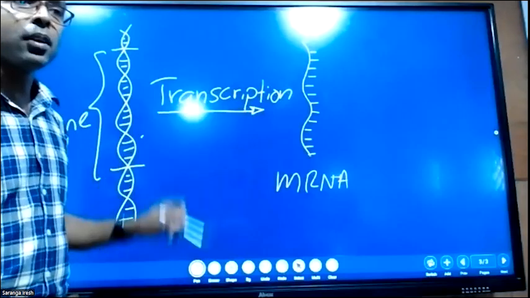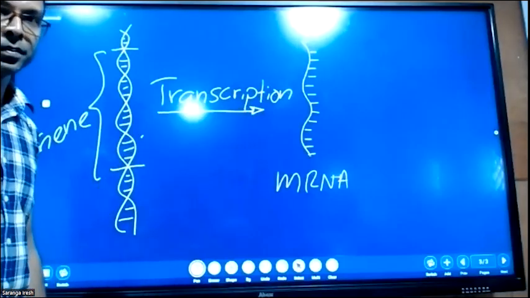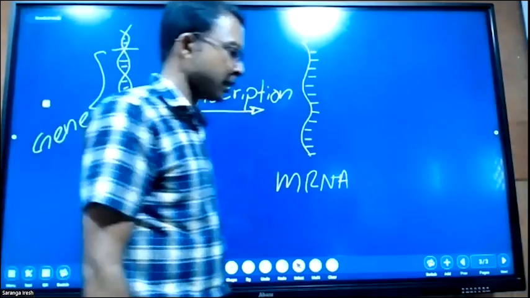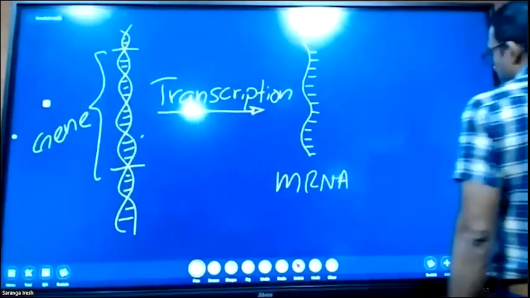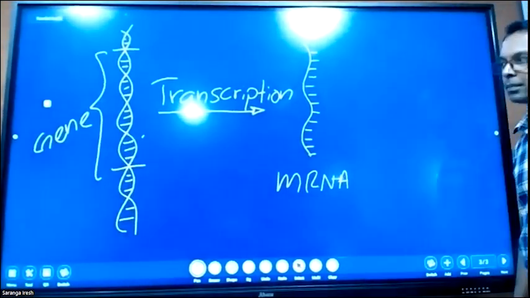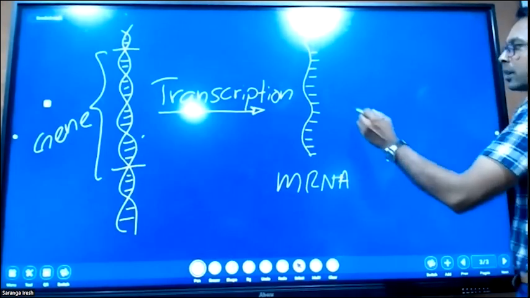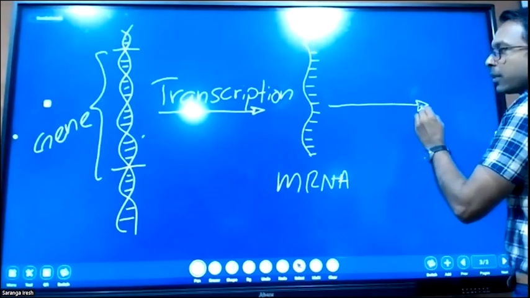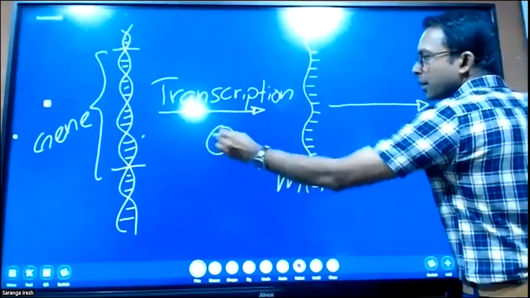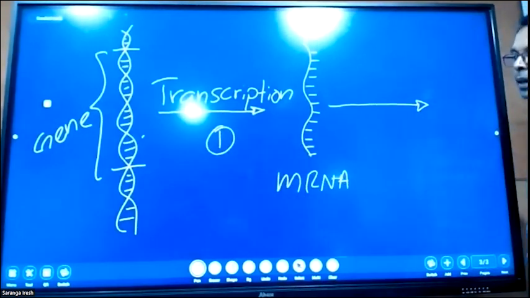The process is called transcription. Then the next step, the second step. This is the first step: synthesize an mRNA molecule.